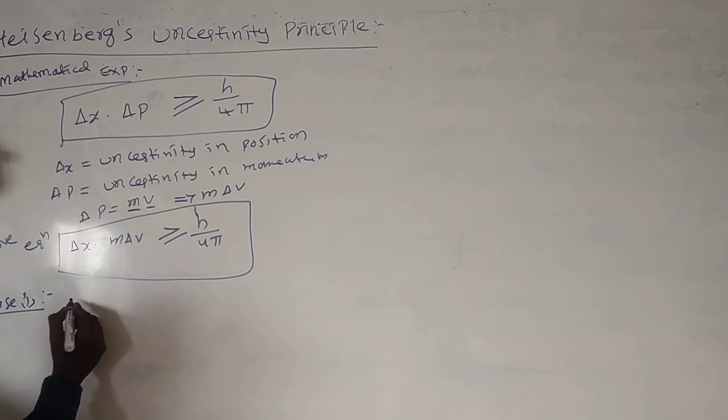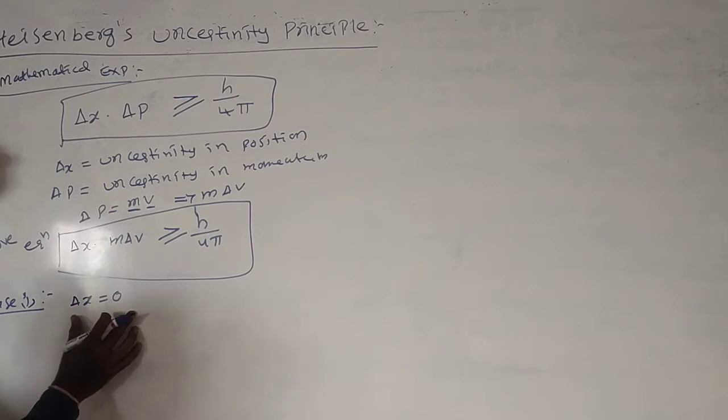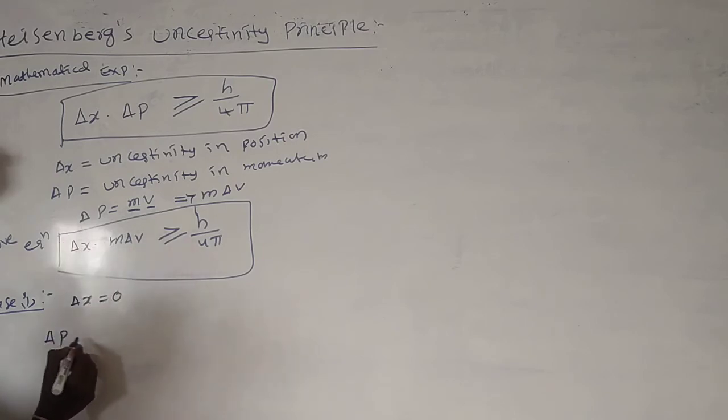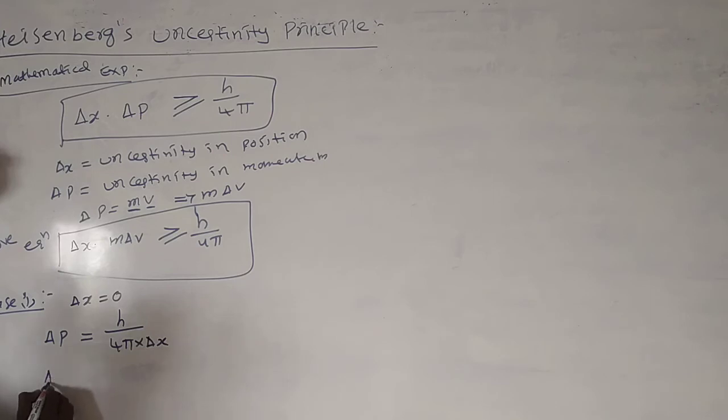Suppose for example, delta x is equal to 0. We know the uncertainty in position. What about delta p? From the above equation, delta p is equal to h by 4 pi into delta x, which is h by 4 pi into 0.